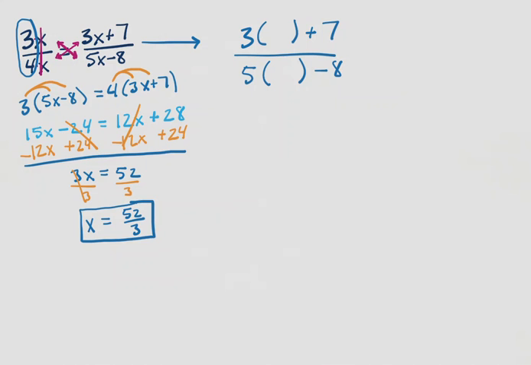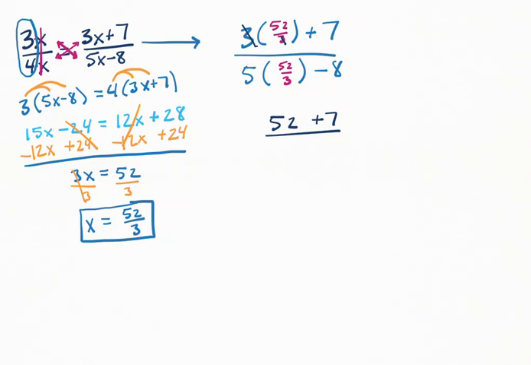So I'm going to plug in my answer, which is 52/3, for x in both expressions. And then we'll multiply. So 3 times 52/3, well, the 3's cancel, and we're left with just 52 plus 7. Okay, that's the top. Now, 5 times 52/3, well, that's not going to cancel.